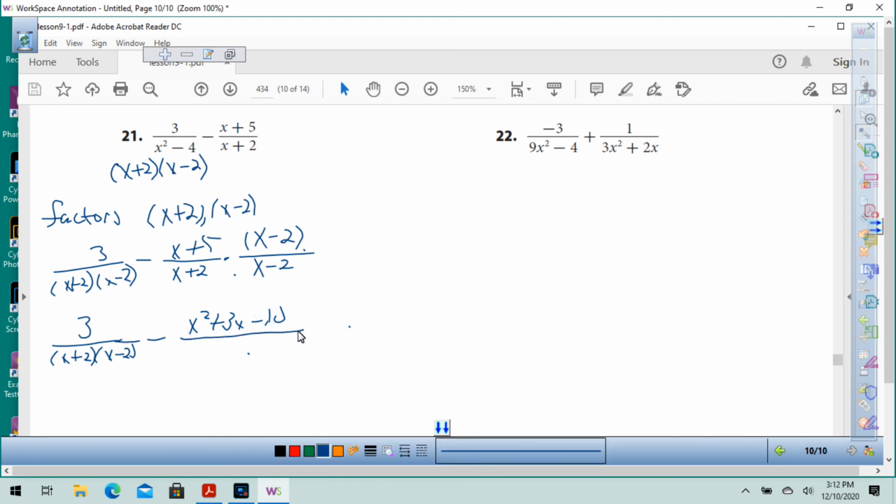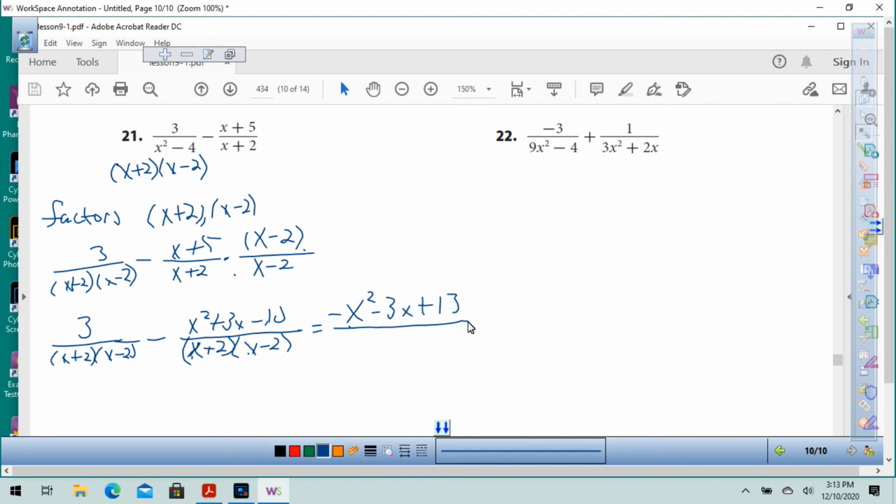Over x plus 2 times x minus 2. So this is going to equal negative x squared minus 3x, and then 3 minus negative 10 would be 3 plus 10, or plus 13.